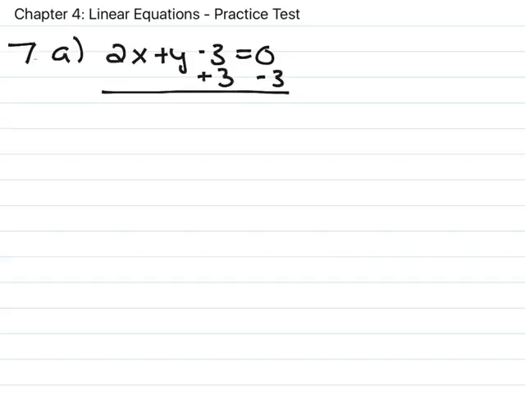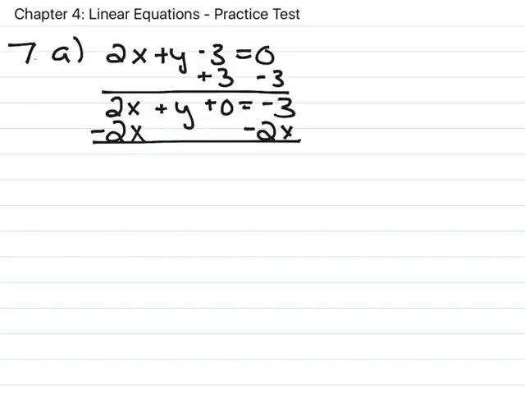So I'll start with the 3, giving us 2x plus y plus 0 is going to be equal to negative 3. Then I'll move 2x over, giving us 0 plus y. It's going to be negative 2x minus 3. So we have y is equal to negative 2x plus 3, or sorry, minus 3. So we have our slope and our y-intercept.